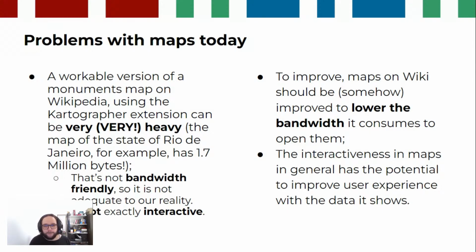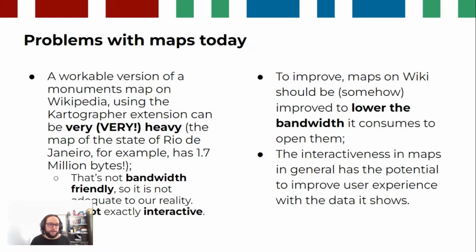I'm here in São Paulo, my internet connection is good, but how will a person from the state of Amapá or Acre or another state in the north region that doesn't have very good internet access a page that has 1.7 million bytes on Wikipedia? All their data will go to space, and they won't be able to even see the page.